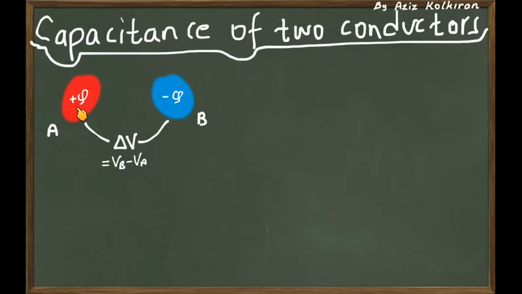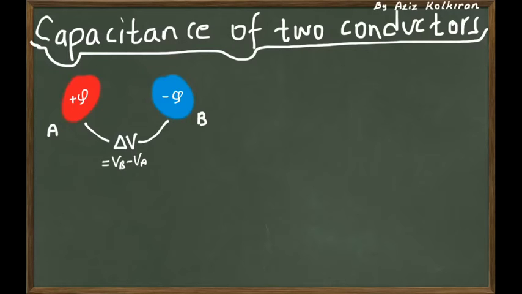If two conductors have a potential difference between them, then one of the conductors is positively charged and the other is negatively charged. Or, more precisely, these two conductors must have different charges.